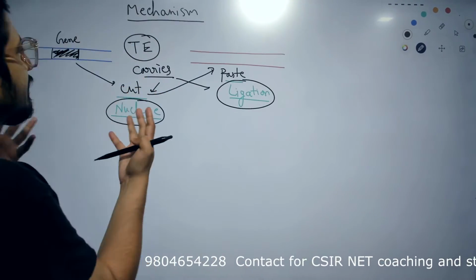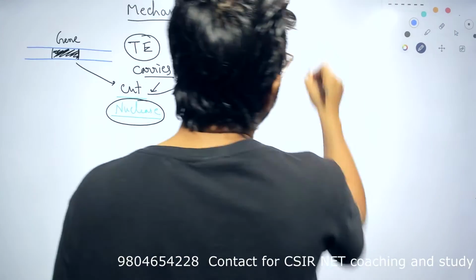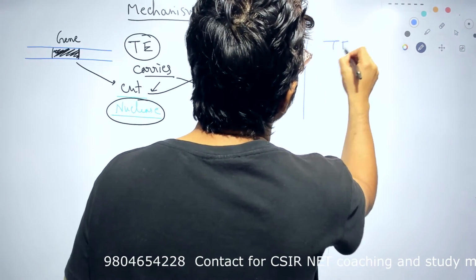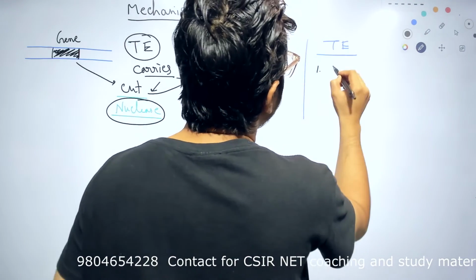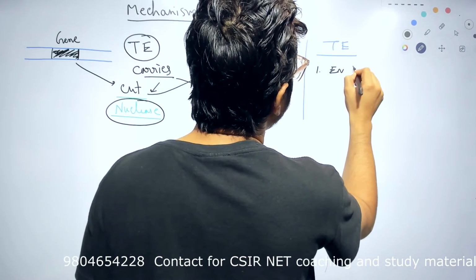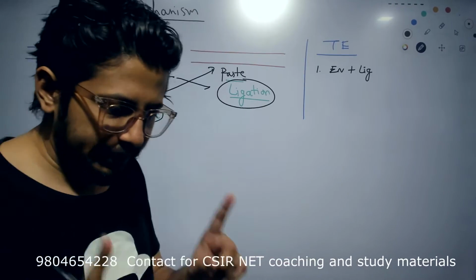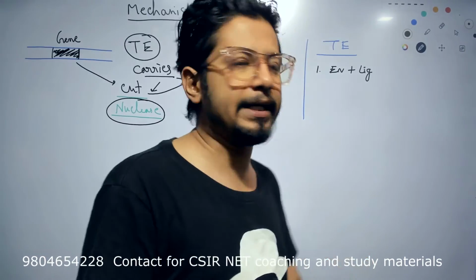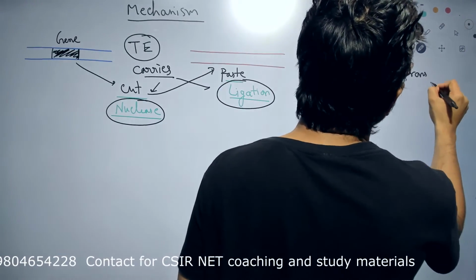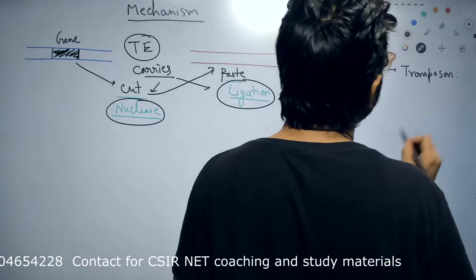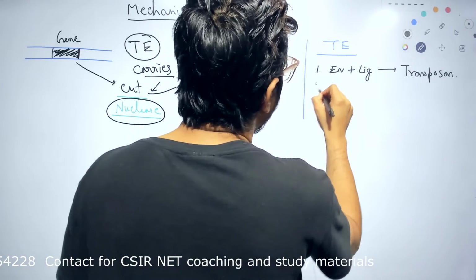So based on this idea, the complexity of transposable elements may vary. There are transposable elements which carry only these two sections, only endonuclease activity plus ligase activity. So if a section of the DNA that contains endonuclease and ligase activity can act as a transposon, it can transpose, transfer the genetic element.